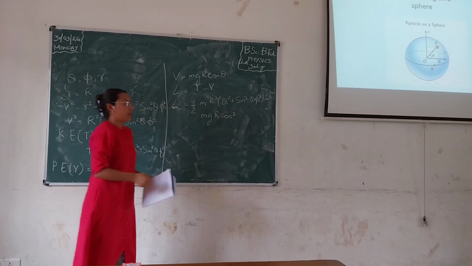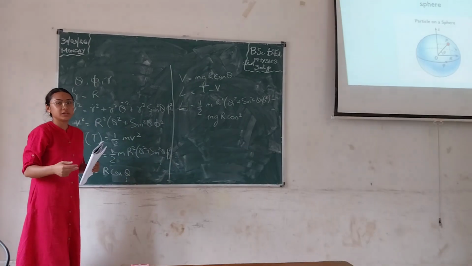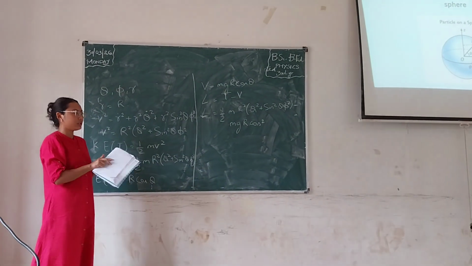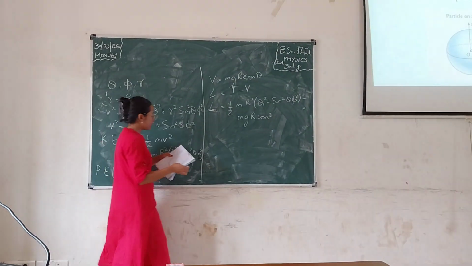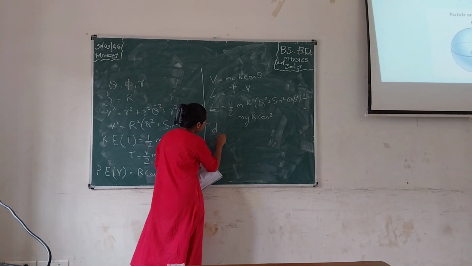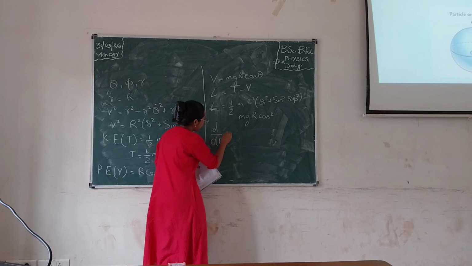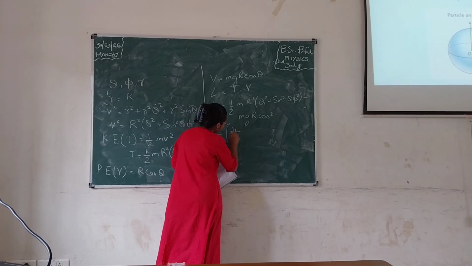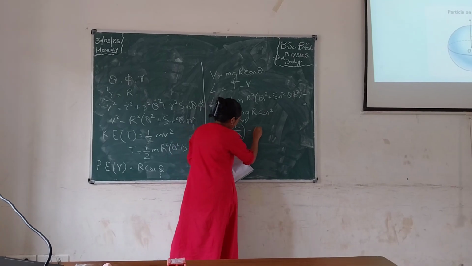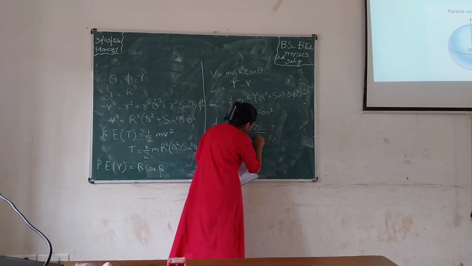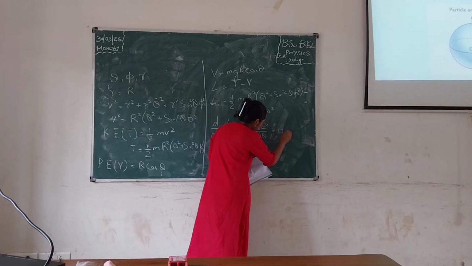So next we need to find the equation of motion for theta and phi by using the Euler-Lagrange equation. First we will find the equation of motion for theta, that is d by dt of dou L by dou theta dot minus dou L by dou theta is equal to 0.